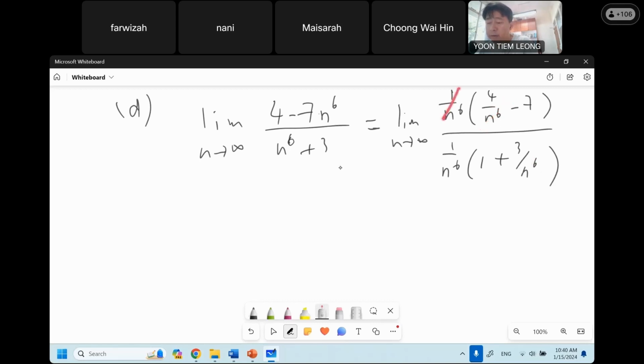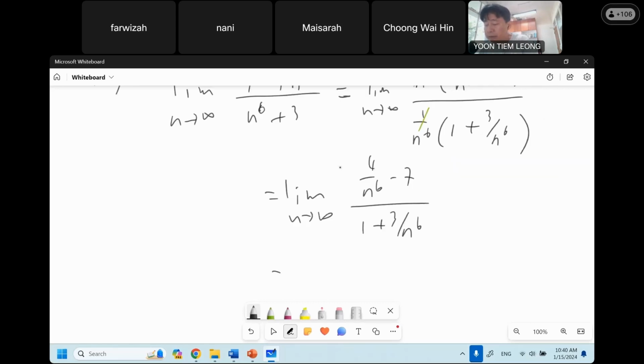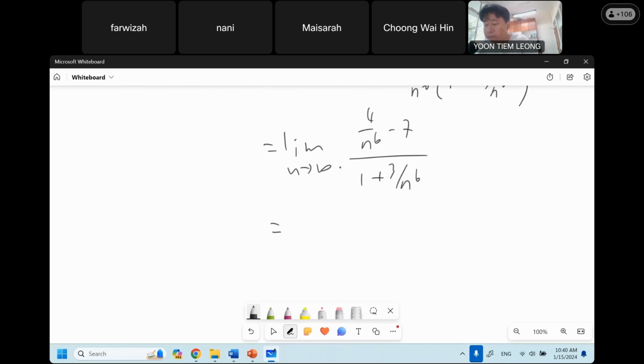The term of 1 over n to the power 6 will get cancelled off here. So when you get that, then what's left is the limit as n goes to infinity of (4 over n to the power 6 minus 7) over (1 plus 3 over n to the power 6). So now you have the ratio of two terms.